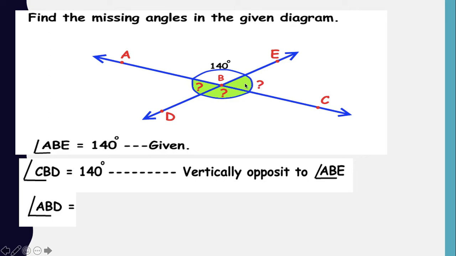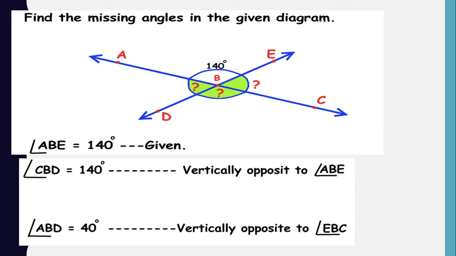Now, isn't there a relation between angle EBC and angle ABD? Yes, they are also vertically opposite angles. So now EBC, what did you get EBC as? We already found out EBC, right? EBC was 40 degrees, remember? So in that case, angle ABD is also going to be 40 degrees because they are vertically opposite to angle EBC.